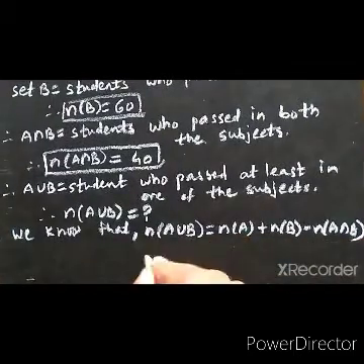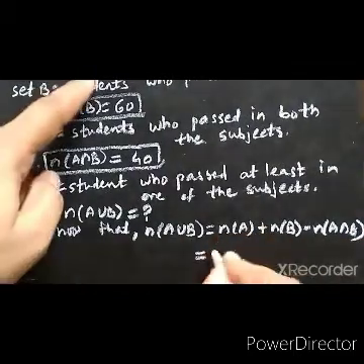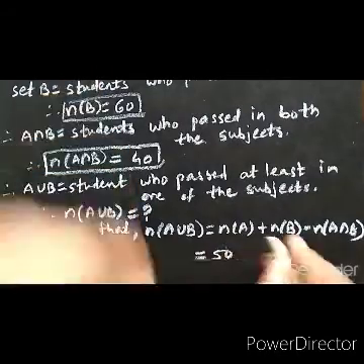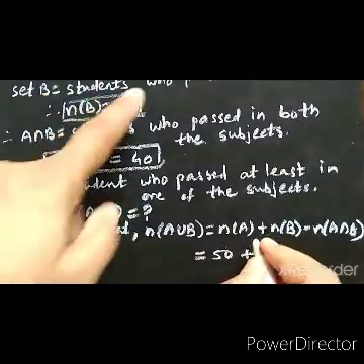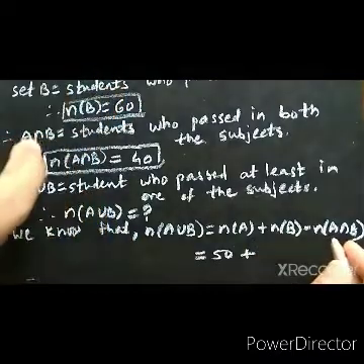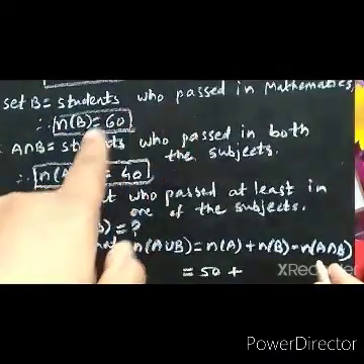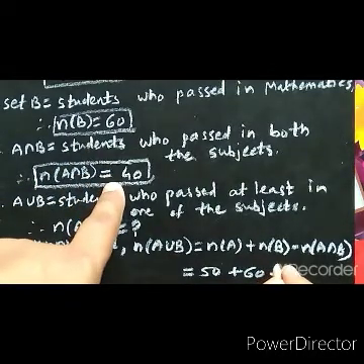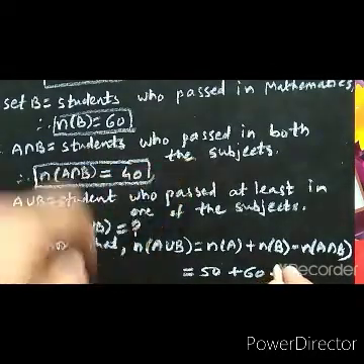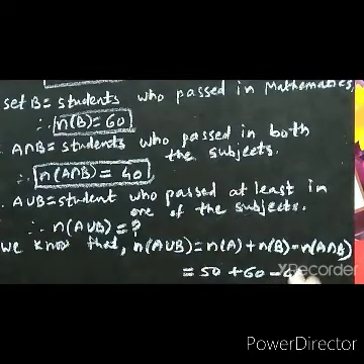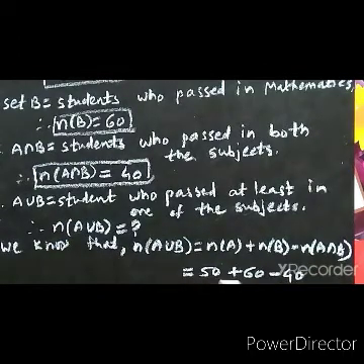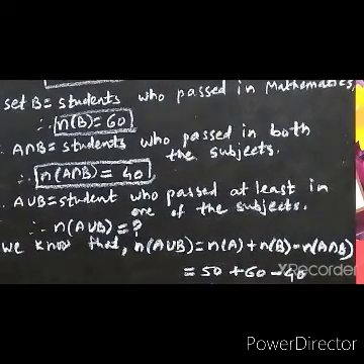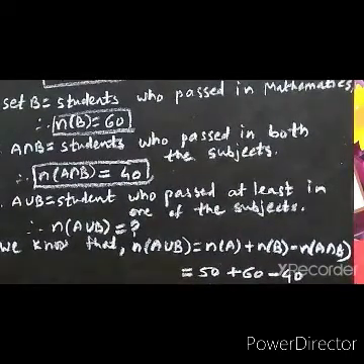N of A is given, 50 students who passed in English. N of B, that is students who passed in mathematics, that is 60. And N of A intersection B, that is students who passed in both these subjects, that is 40. So 50 plus 60, that is 110, minus 40, that is 70.